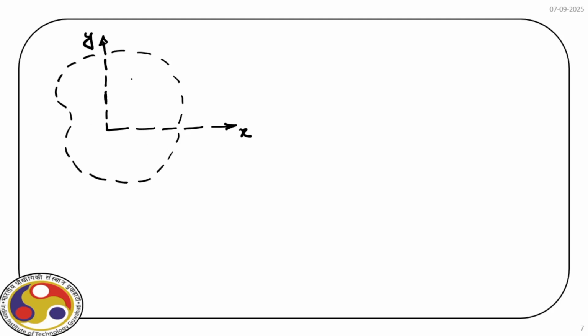That is the cross section. And let us consider a small element here at the boundary, right? So this is the small element we consider at the boundary. And at this element, we can define the outward normal N, and we can define the forces Fx, Fy, Fz.